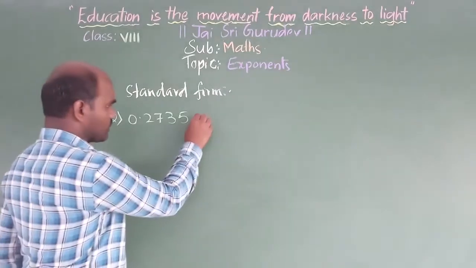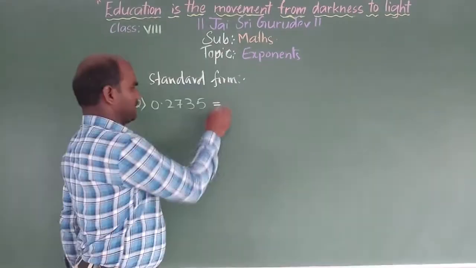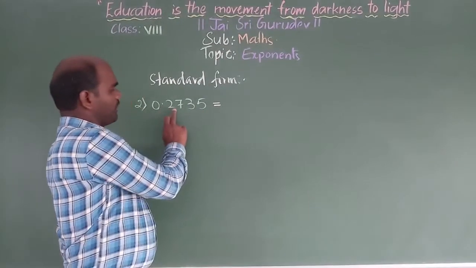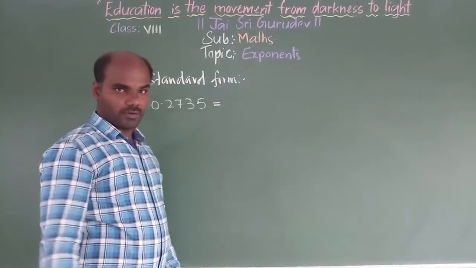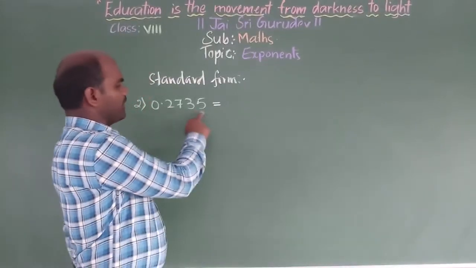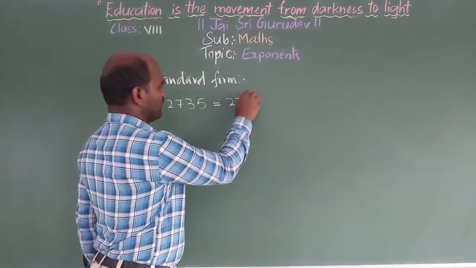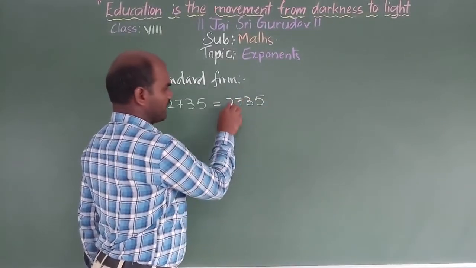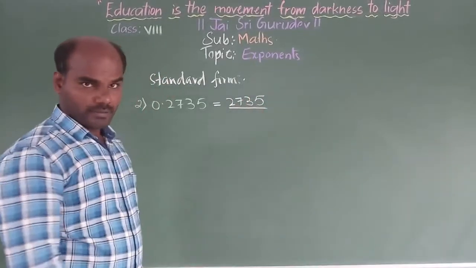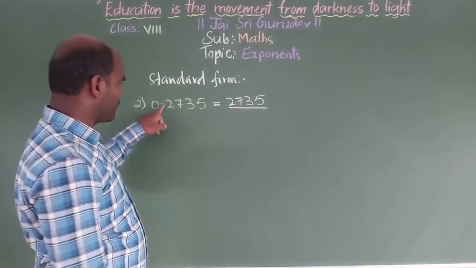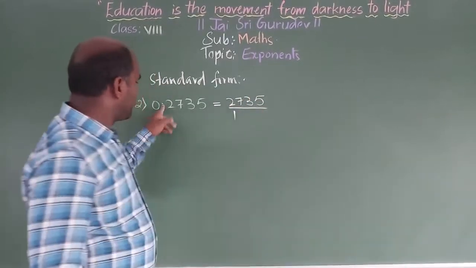So it is equal to, first, here we have 0.2735. The complete number has to be written without the point, that is 2735, divided by 1 followed by as many zeros as there are decimals after the point.